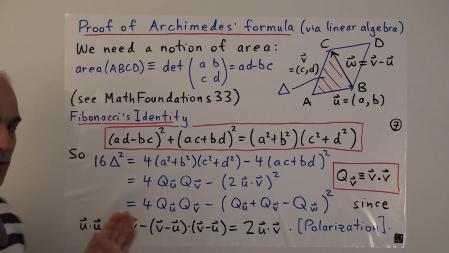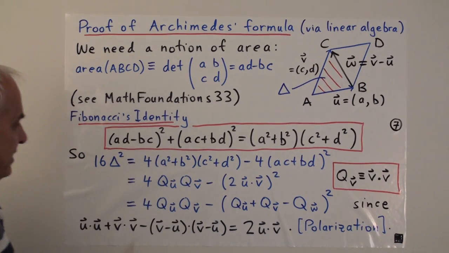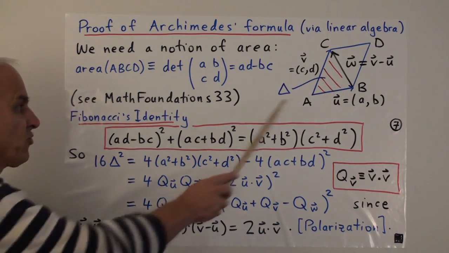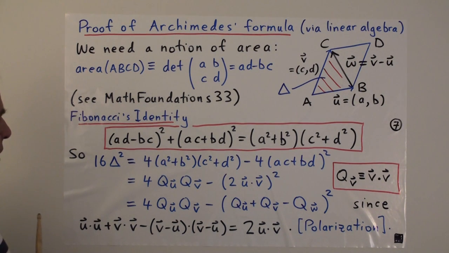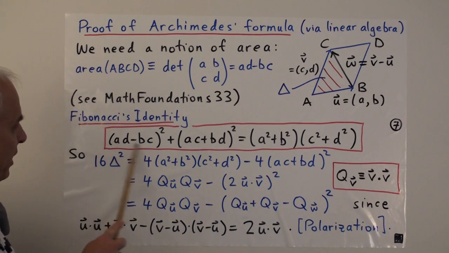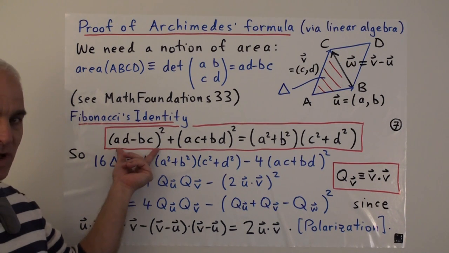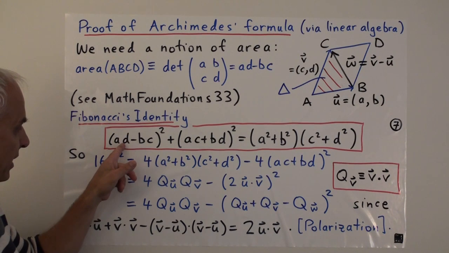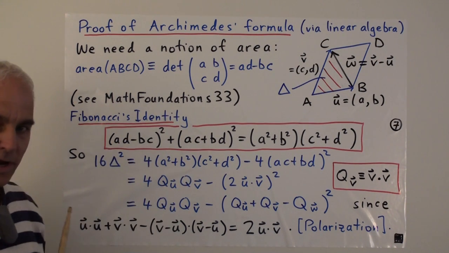Alright, so now let's prove Archimedes' formula. We're going to look at 16 times the area of this triangle squared. Alright, so this quantity here, AD minus BC squared, is almost the area of the triangle squared, but it's actually half of this all squared.